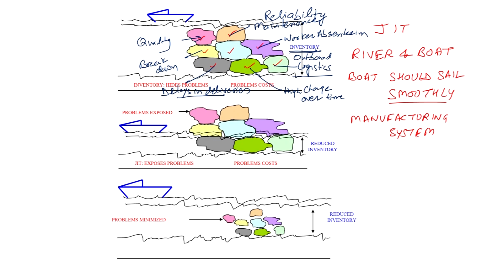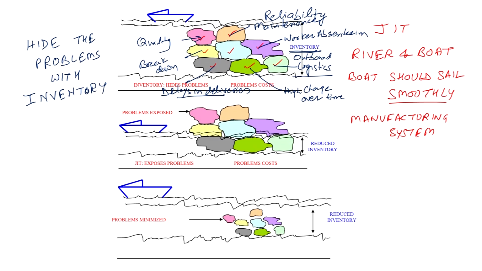The traditional way of looking at these problems is to hide these problems with the help of inventory. So, what I do is I hide the problems with inventory, so that your manufacturing process, your customer service can happen smoothly without any difficulty.